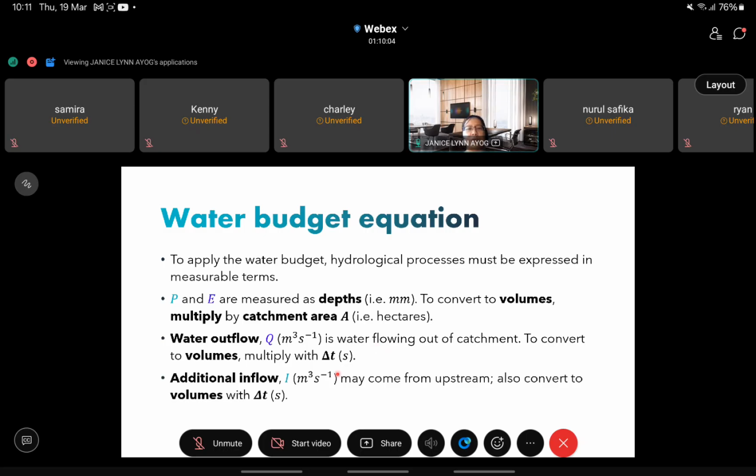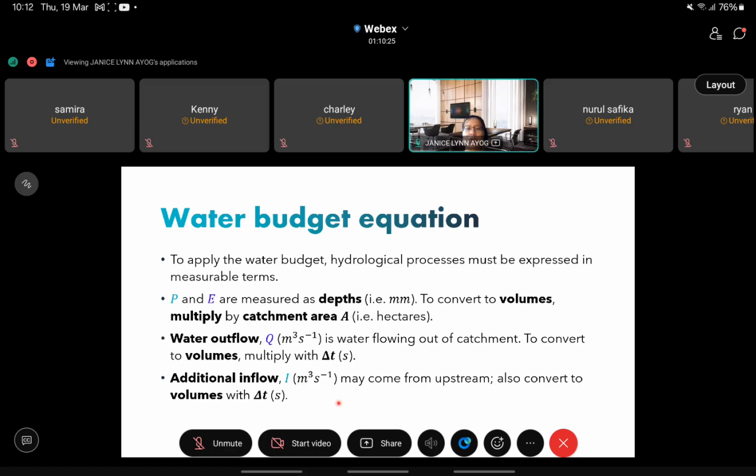Same as the inflow. The inflow is also normally given in cubic meter per second. Basically inflow is whatever water goes into the catchment. One of it is precipitation, but precipitation is in depths. This one here, the unit is cubic meter per second.